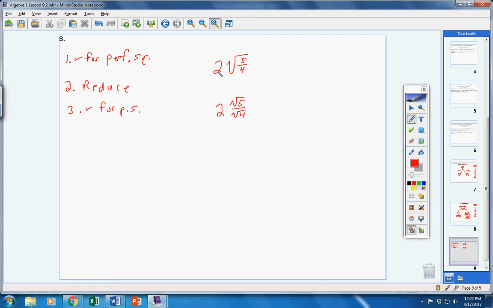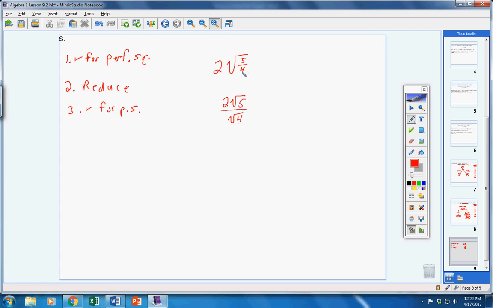Anytime you have a number out front like this, and you split up into radicals like this, you can put it up top and it really makes it helpful. So it will look like this. I'm not going to go into detail right now as to why you can do that, but trust me, if you have a number out front like this, it helps to put it up top like this, okay? And split the radical up.